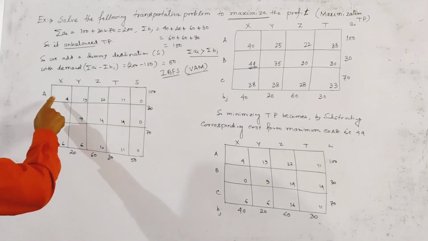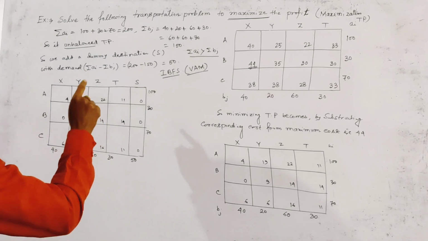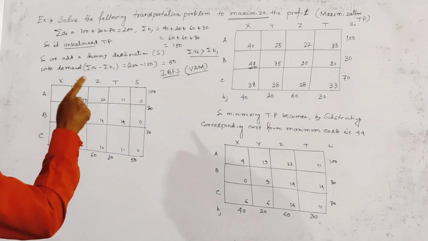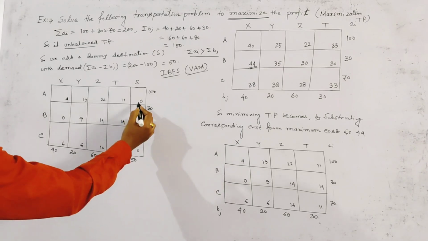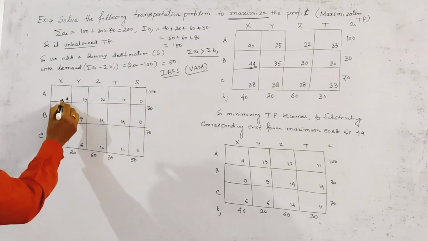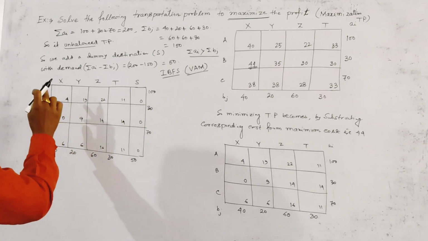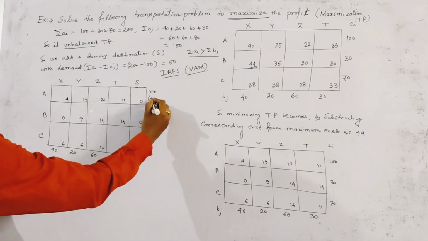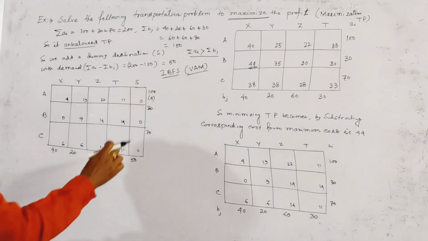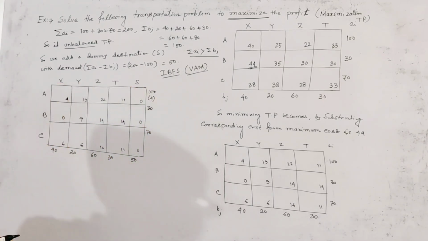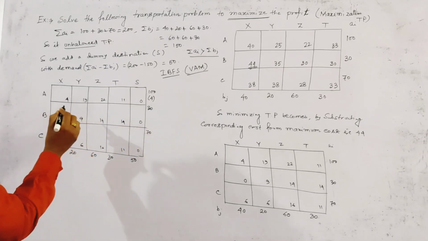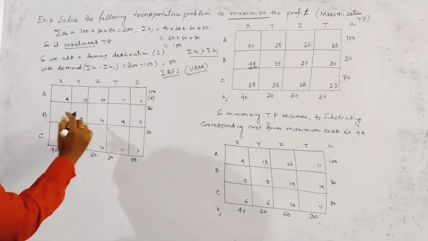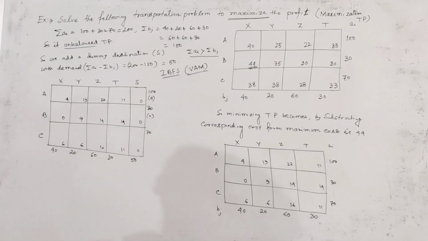To find the penalty of the first row, we find the least cost and the next minimum cost. Here the least cost is 0 and the next minimum cost is 4. So the difference between 0 and 4 is 4, and this is the penalty. We write it in a bracket. Similarly, for the next row the least cost is 0 and the next least cost is also 0, so the penalty is 0.